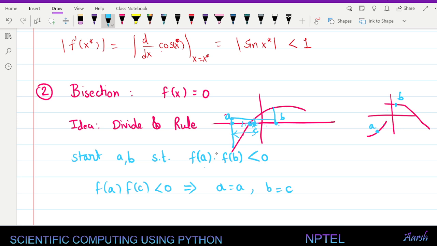And that's a theorem also. It's called Bolzano's theorem or something like that. I'm not exactly sure if this is exactly identical to it, but you can look it up.